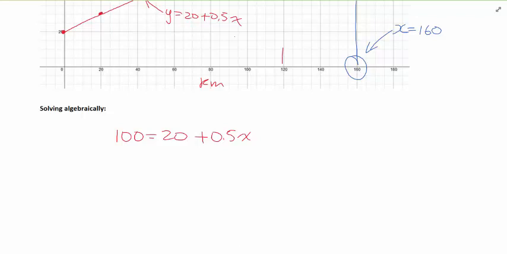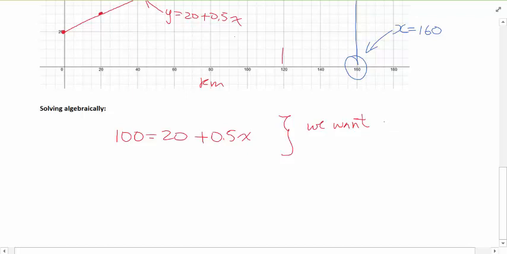X, right? Since we're solving for x, we want to know what x equals. Do you understand that?